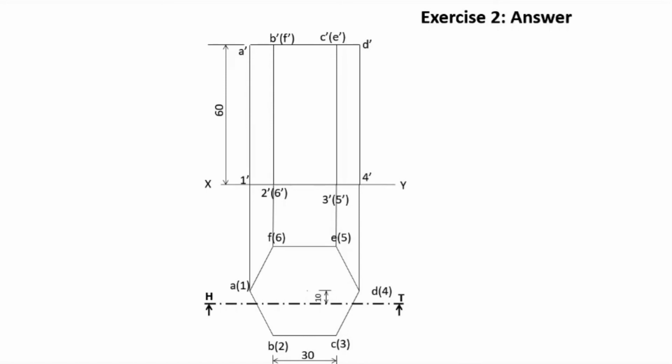This straight line is marked as the HT, and P, Q, R and S are the 4 points on the boundary of the hexagon, the corners of the newly formed edges. From P, Q, R and S, you draw the projectors to P dash, Q dash, R dash and S dash. Then the top view is completed. Then the front view.